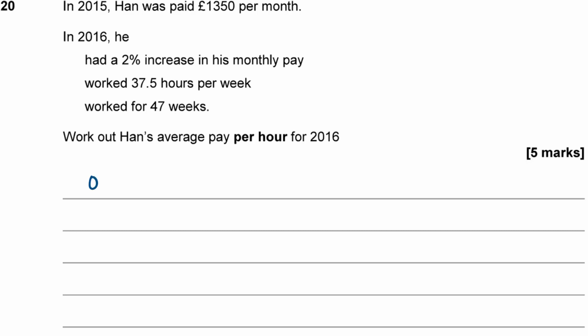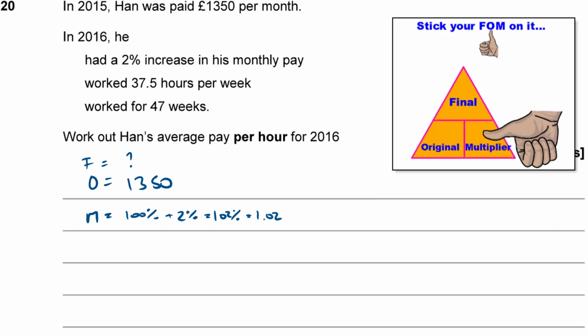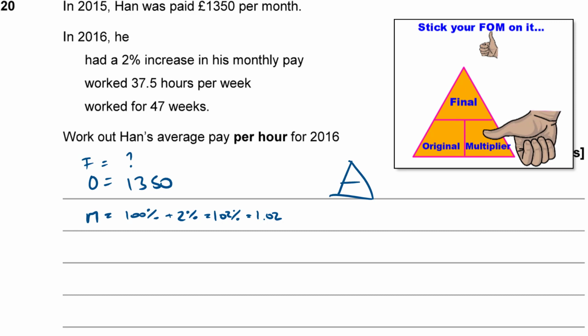So his original value was 1350. His final value was what we're trying to find. And the multiplier, if I start with 100% and I'm adding on 2%, then that means I've got 102%, which as a decimal is 1.02. Okay, so I want the final. I tend to use this FOM triangle for working out how to do this.